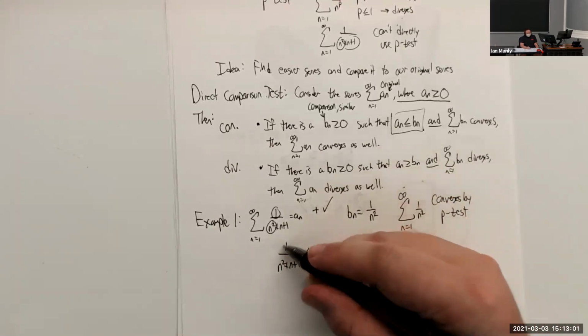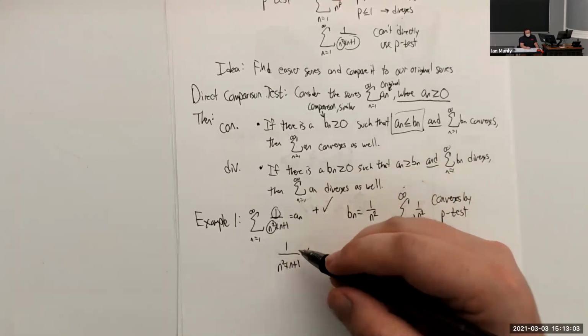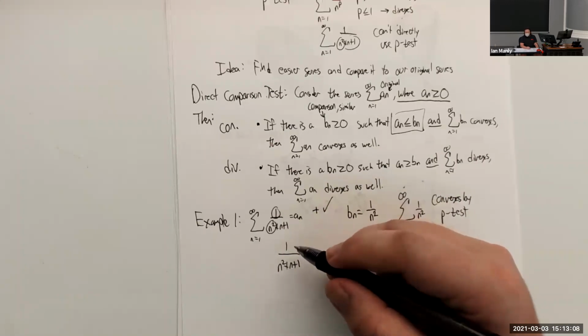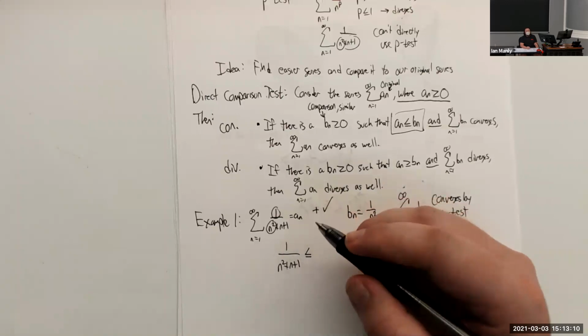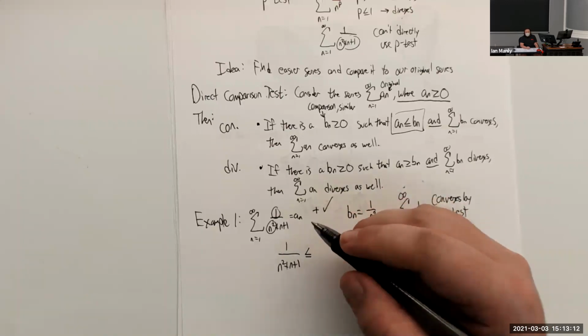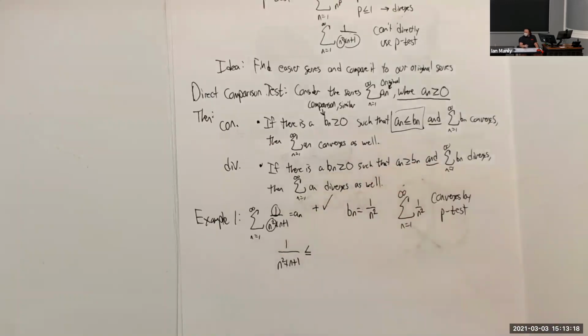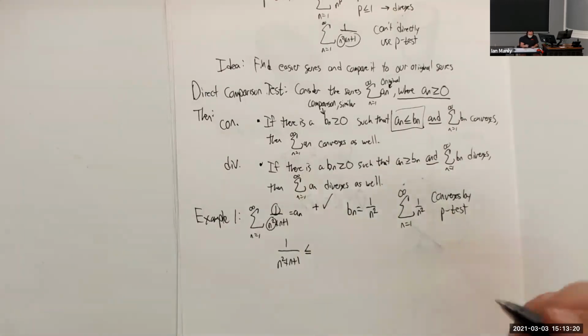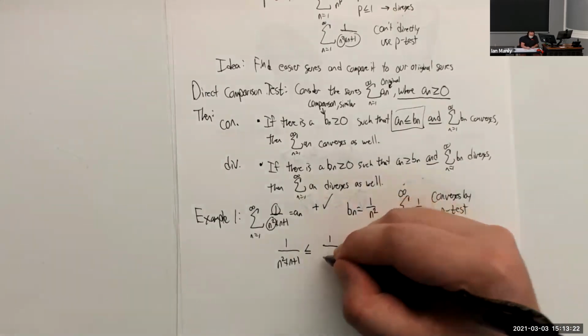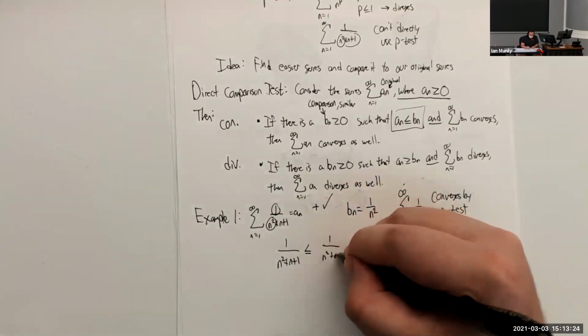All right, now how can I make this bigger? Well, you can make a fraction bigger by making its numerator bigger or making its denominator smaller. So a way we can make the denominator smaller, just like Jordan says, is we can get rid of the plus 1. So we have 1 over n squared plus n.